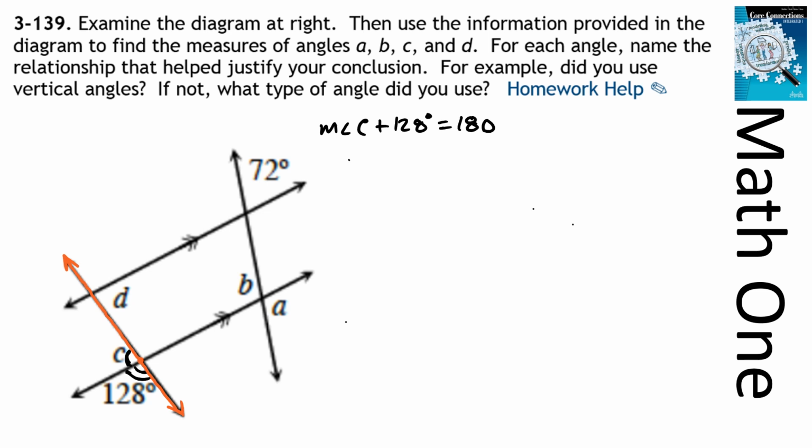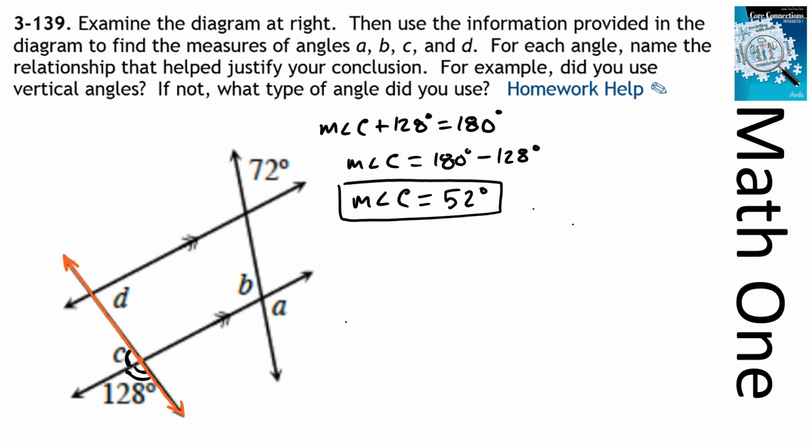That means the measure of angle C will equal 180 degrees minus 128 degrees. So it's just a simple subtraction problem. So I know that the measure of angle C is 52 degrees. That's one of my angles.